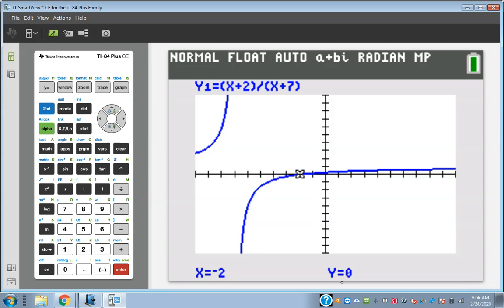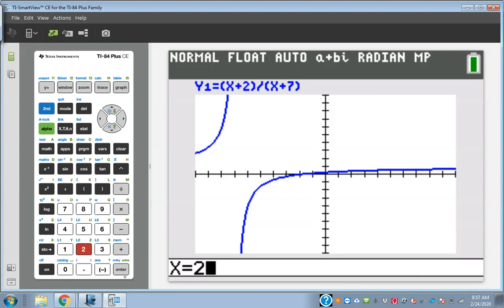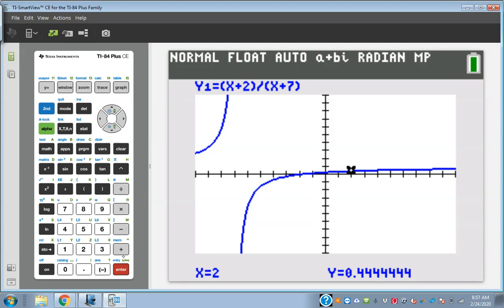What about that hole in the graph? What was the x value for the hole? 2. So I'm going to hit trace, the number 2. 4/9, is 4 over 9 the same as 0.444 repeating? Yes, that's the right value. There is a hole in the graph there.